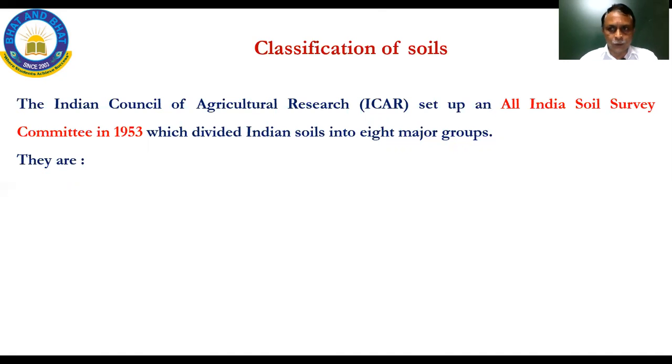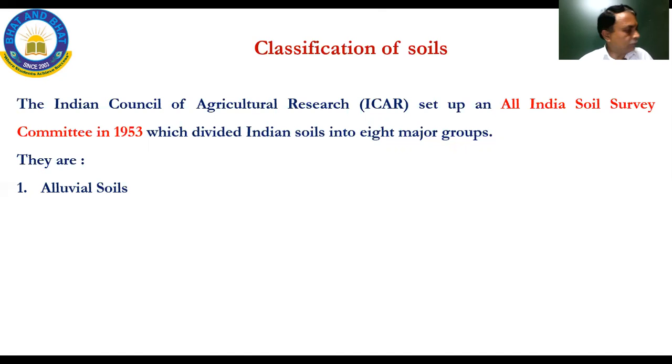Of these 8 major groups, somehow the textbook mentions only 4 of them. The remaining 4, I have listed them in a map at the end of this presentation. Okay, let us first see what the 4 are, which are given in the textbook.